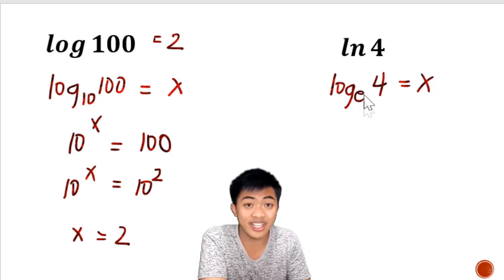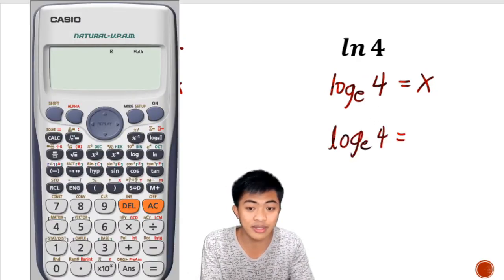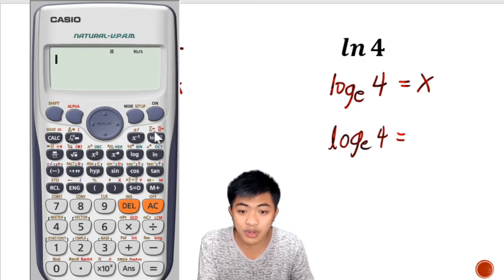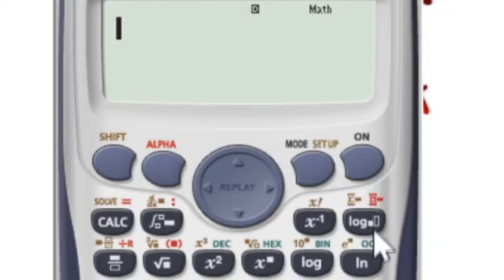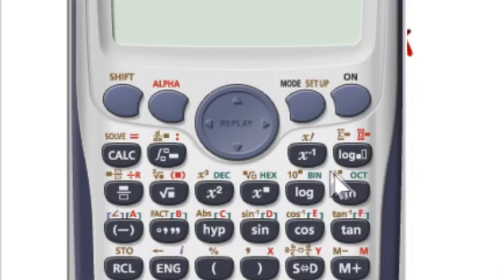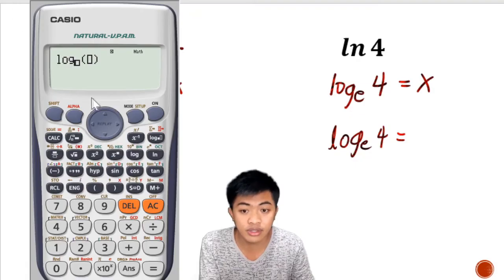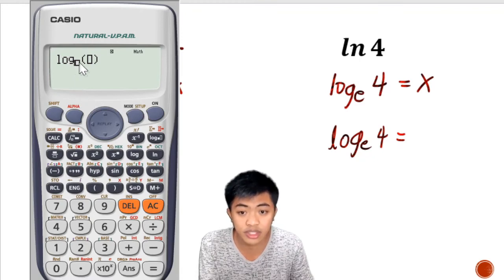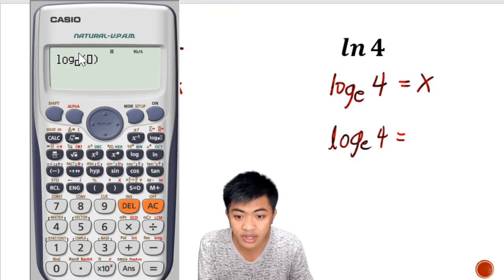If you don't know what e is, well, actually, it is in your calculator. So this is how to do it. I want you to press this one. There are two logs in the calculator. One is this one, this is for the base 10, and we have another log for any base. So there we are going to input e here as our base.